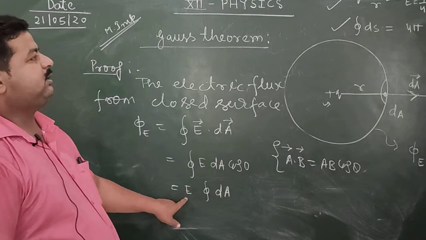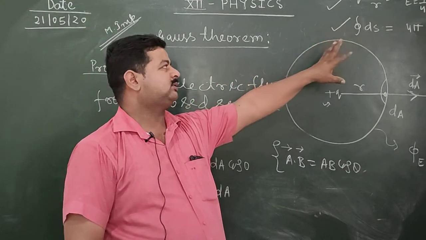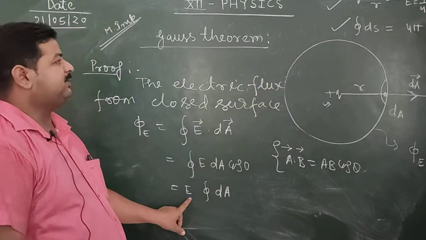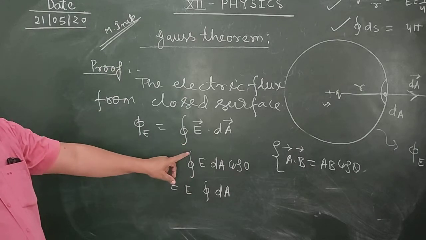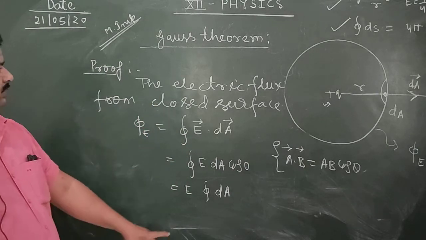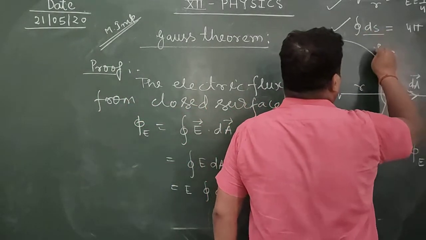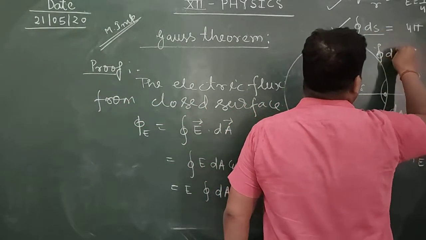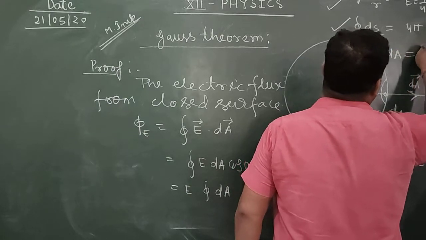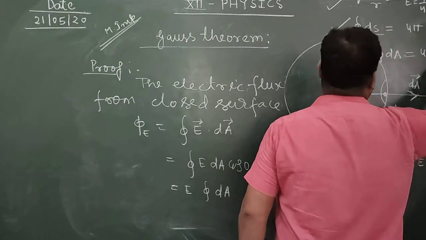What will be the value of E? We already wrote here E is equal to 1 upon 4 pi epsilon naught q by r square, and the integral of dA is 4 pi r square.